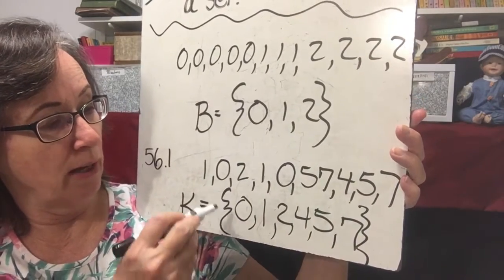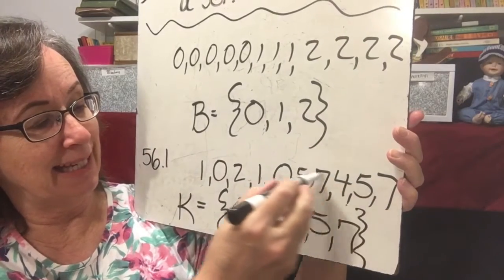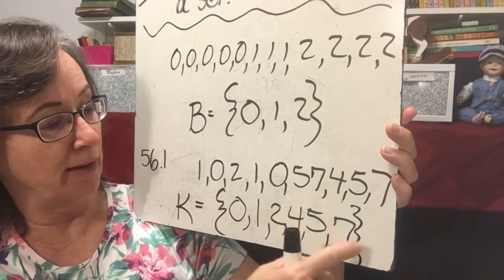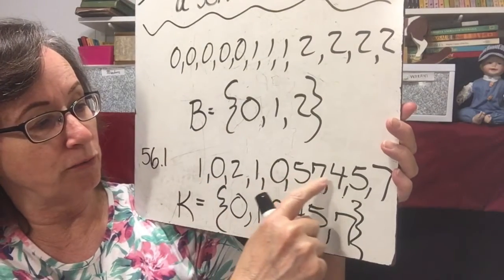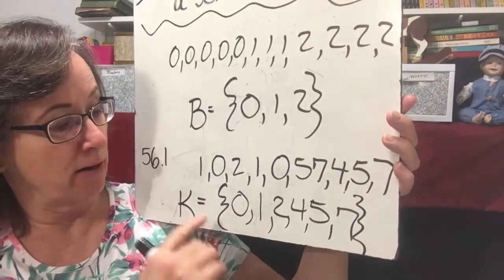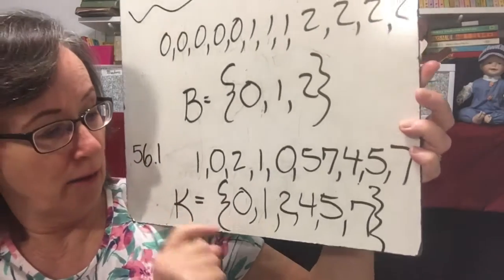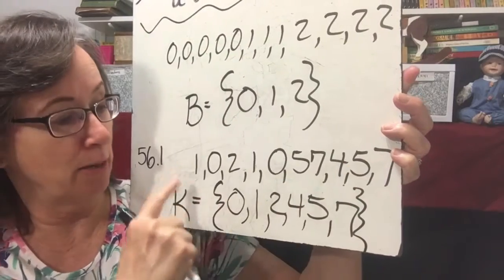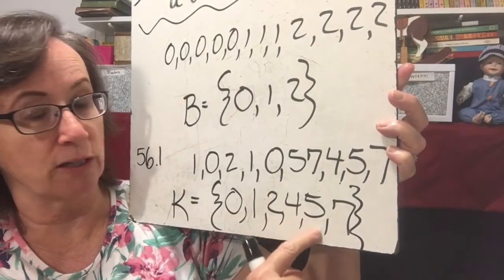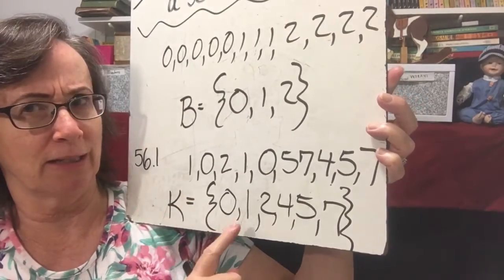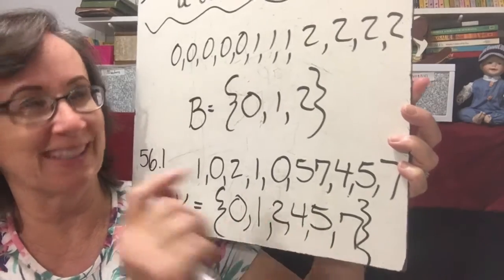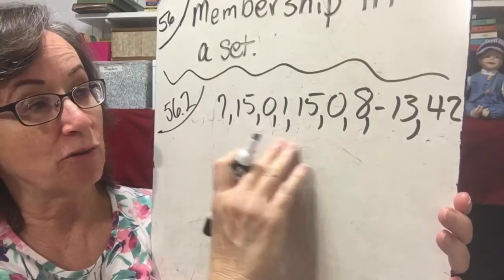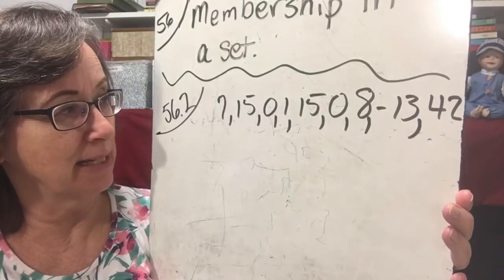Okay, so I do not see any numbers up here besides 0, 1, 2, 4, 5, 7. There's nothing else there. Therefore, K would be this set, which would describe any number of zeros, ones, twos, fours, 5s, and 7s. Threes, there's no threes.